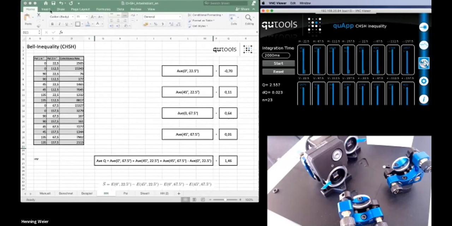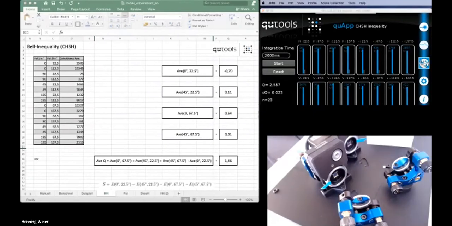Now you see that the value is still a lot greater than 2, and this margin of error has become a little smaller, and it could become even smaller if we took a longer time to measure, which we're not going to do now.